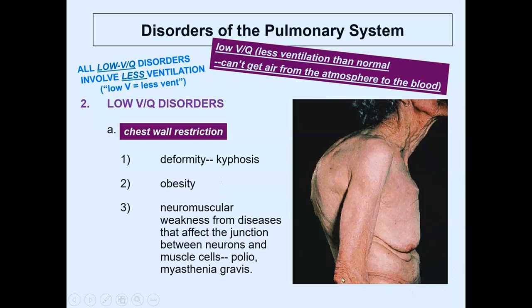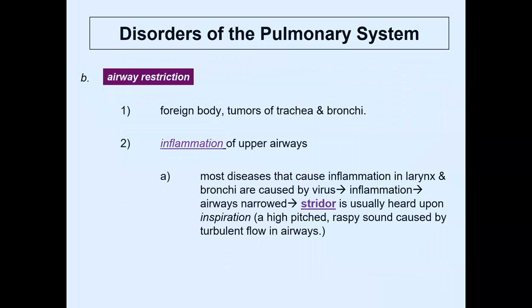Obesity, because if there was a large belly, then your patient's diaphragm can't drop down. And then if there's a neuromuscular disorder, these patients also have a poor inspiratory effort. In other words, they can't bring in a lot of air because their muscles are weak and they just don't have the effort to bring in as deep a breath as is needed to bring in enough of the 4 liters of air.